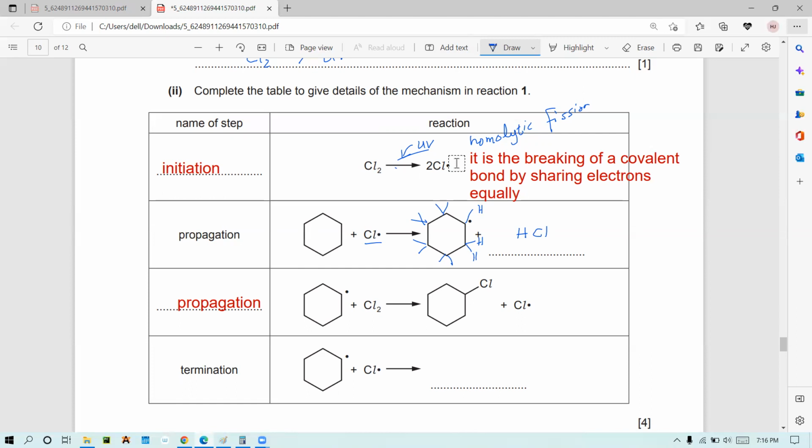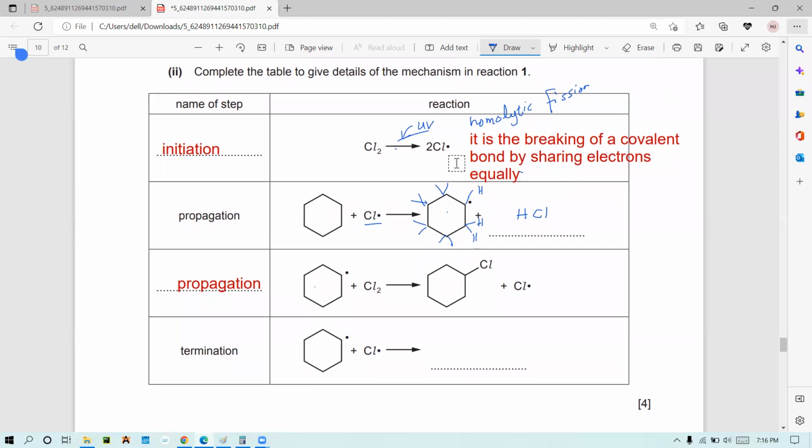HCl is produced. In the next step, this free radical, cyclohexane free radical, reacts with a chlorine molecule, making chlorine free radical and this chlorocyclohexane. And afterwards, we go to termination step.